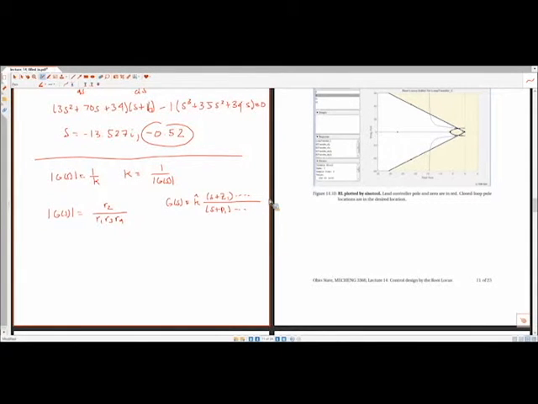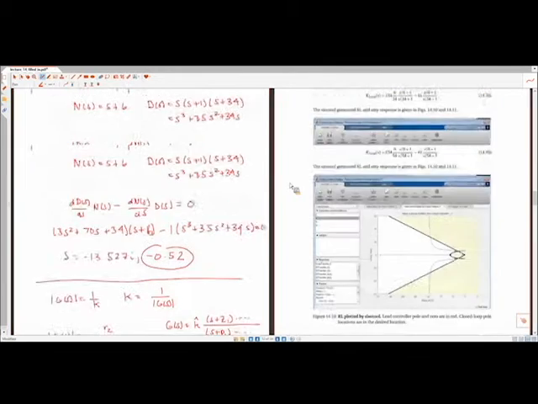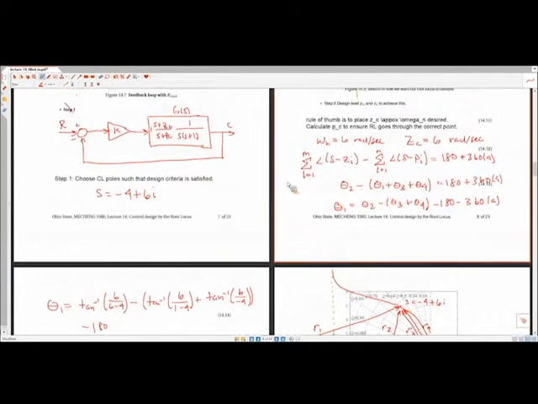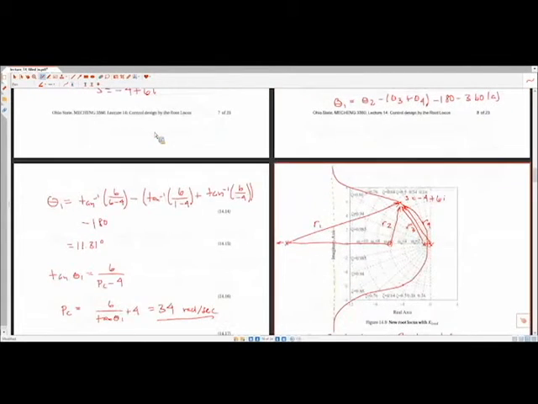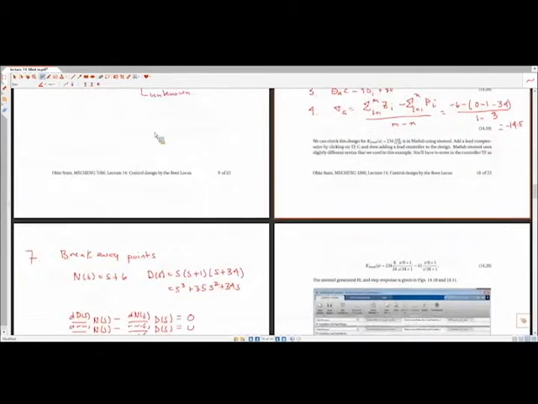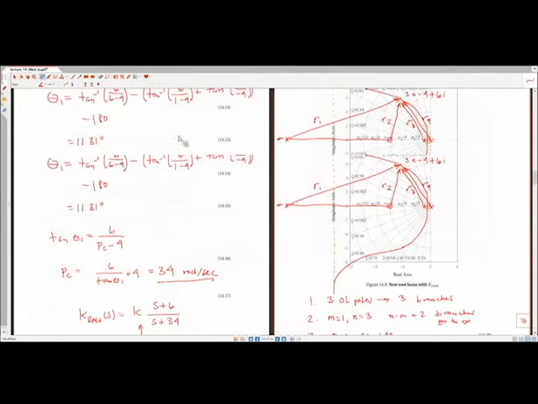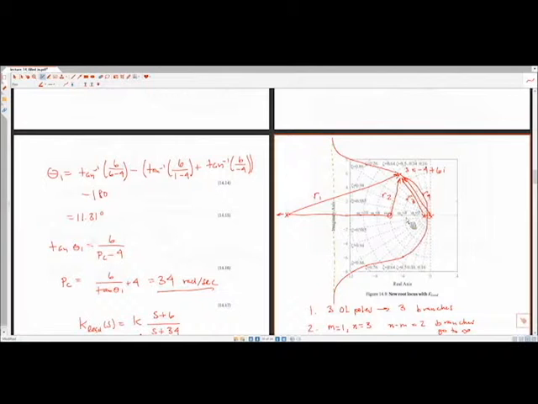Matching this up to our problem statement, it's the same thing, a set of zeros, a set of poles, and the gain out front is 1. Then looking at R2, the real part is 2 and the imaginary part is 6.